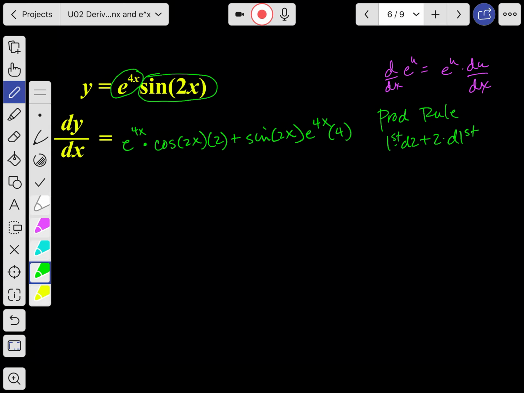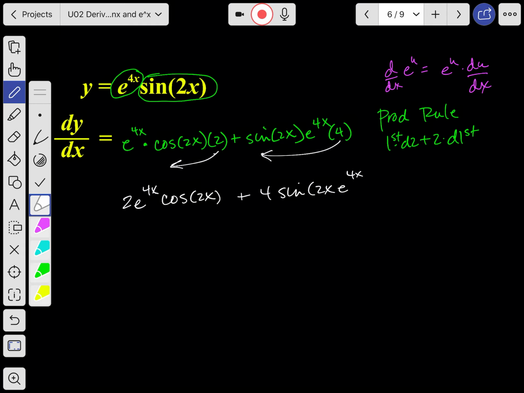Maybe you want to move this 2 up front, I guess. Right here, move him up front. Usually your numbers are in front, but it makes no difference to me. There's not a whole lot to simplify there.